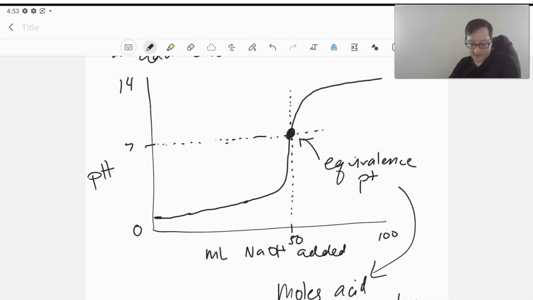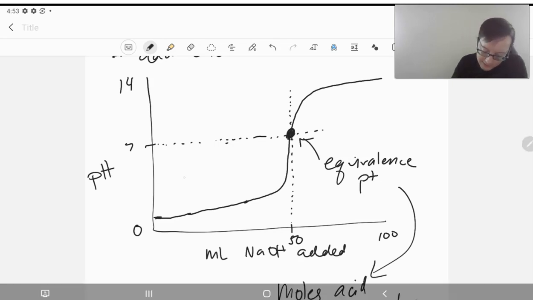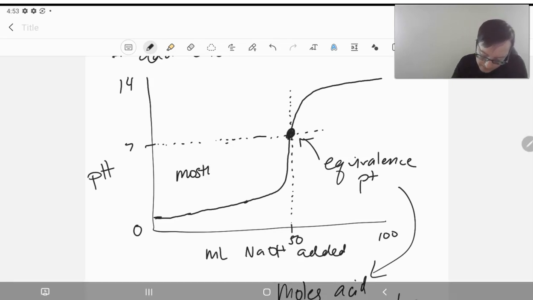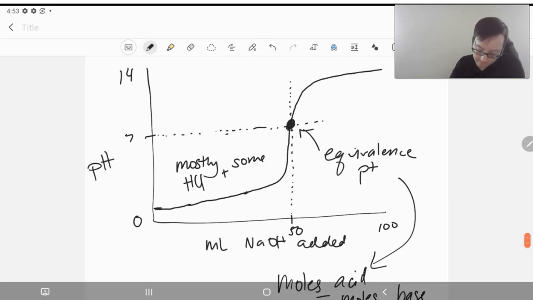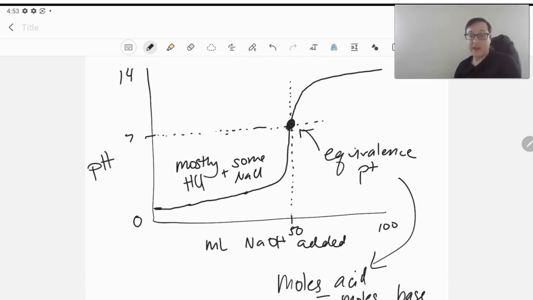So at this point, we have mostly HCl still around, and we have some NaCl. At the equivalence point, we only have NaCl. We have no HCl and no NaOH, just sodium chloride, because they will have completely reacted together.